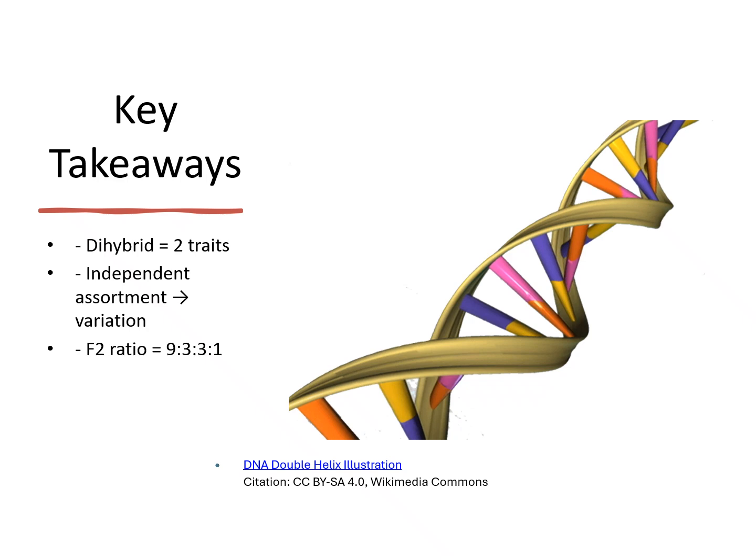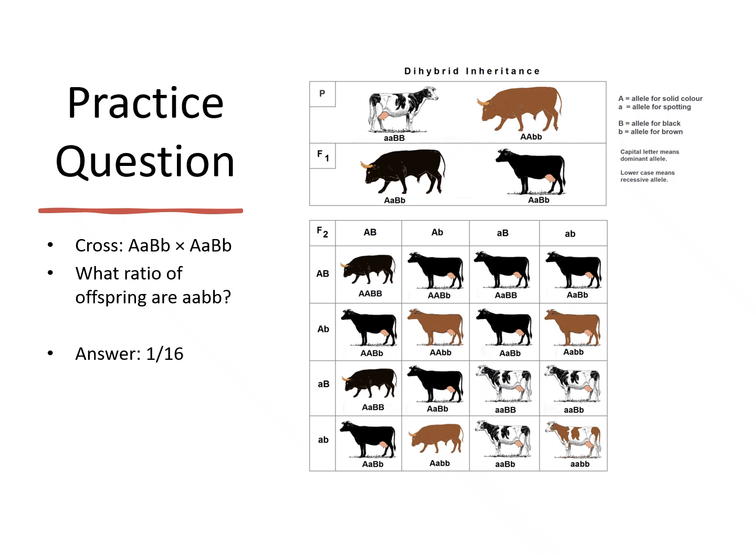Remember, dihybrid crosses combine two traits, follow independent assortment, and lead to predictable ratios. Always connect back to genetic diversity. Always practice.